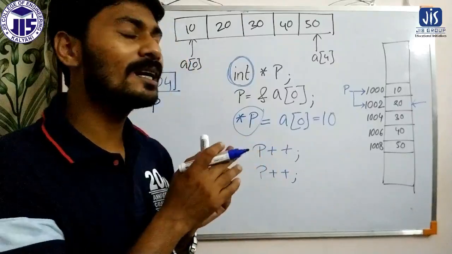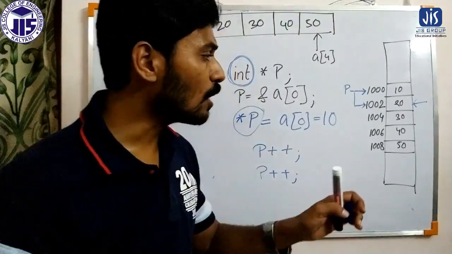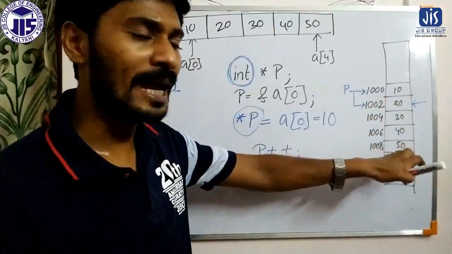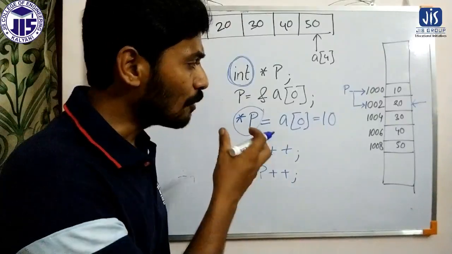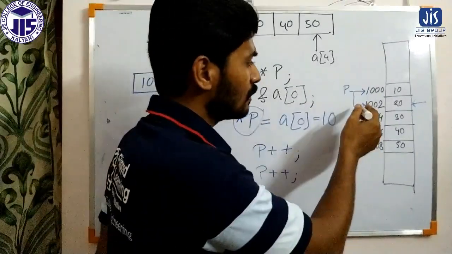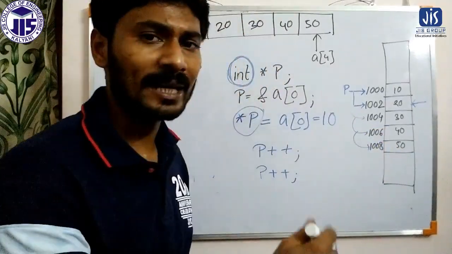We need not declare multiple pointer variables. So I have shown you how we can access all the elements of the array by using a pointer variable p, by increasing the value of p.